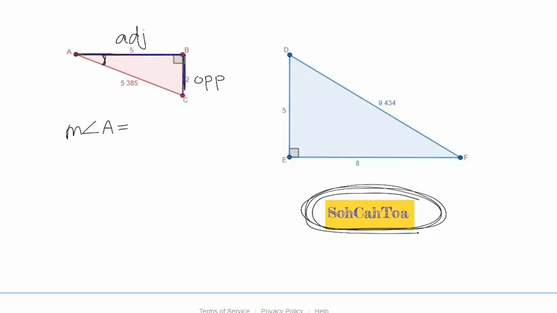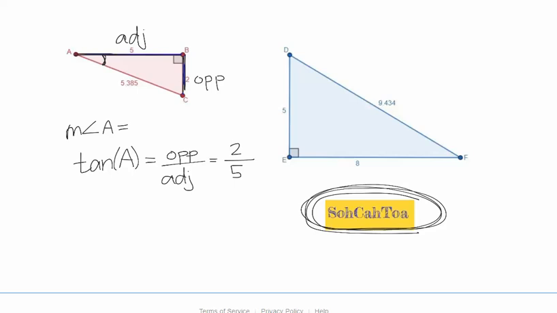Which one would I choose? You should think to choose tangent, okay? Because tangent of my angle A is going to be a ratio of the opposite side over the adjacent side. So if we look at our picture, our opposite side is 2 and our adjacent side is 5.